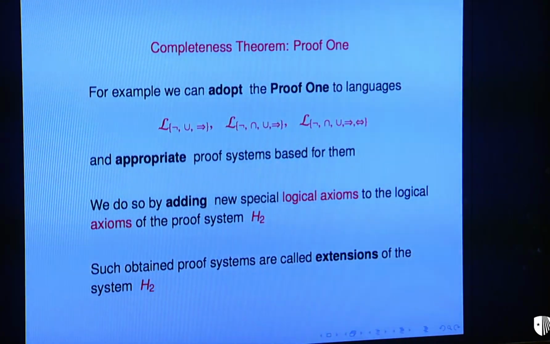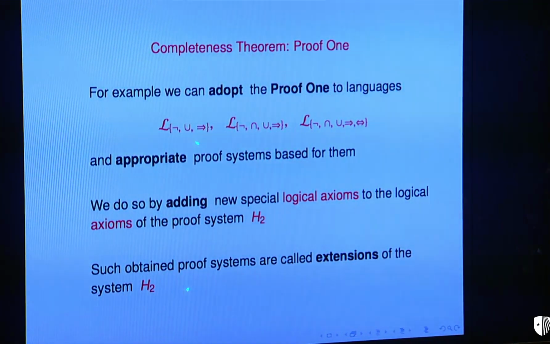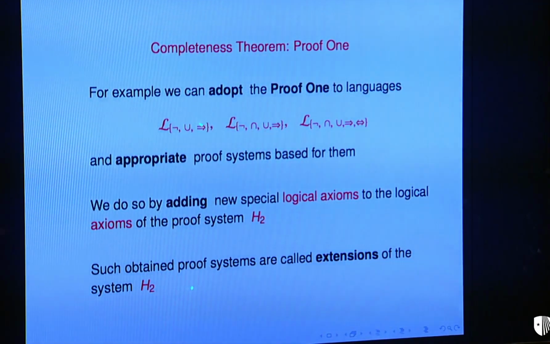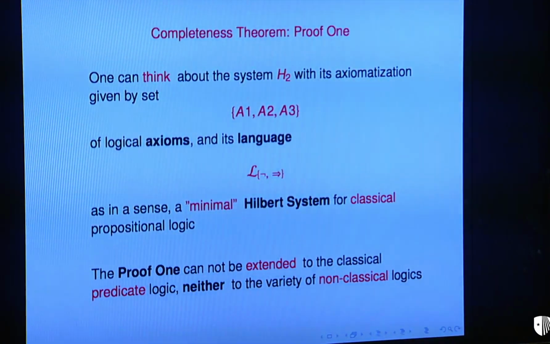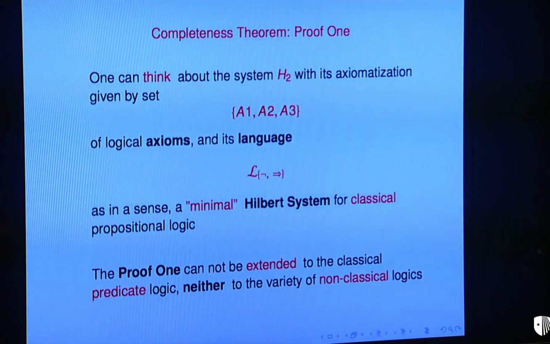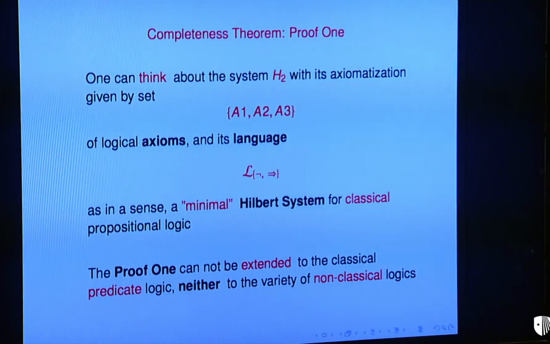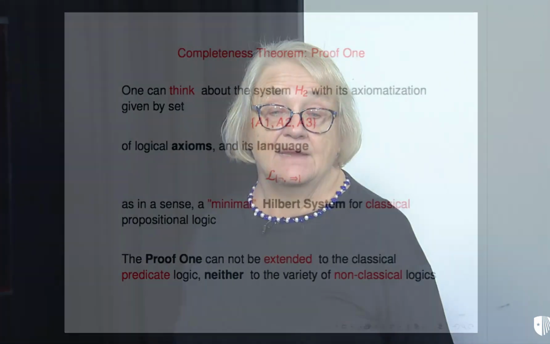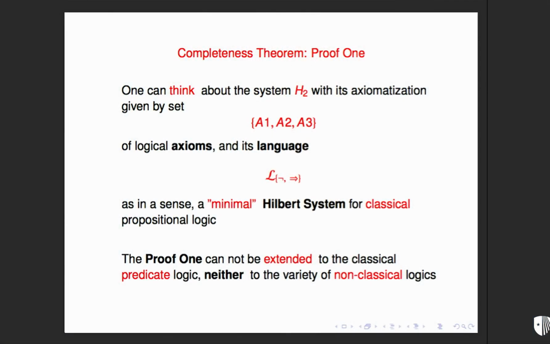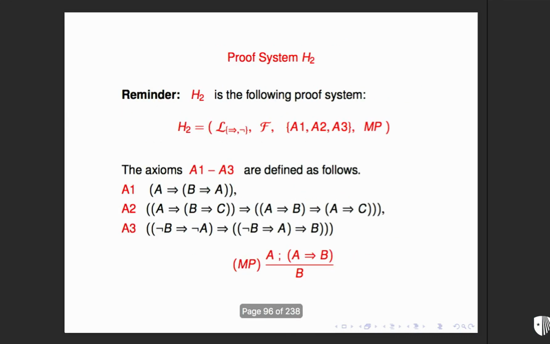And then we prove whatever more, because we need more information about those new logical connectives. So one can think about system H2 as a sort of minimal Hilbert proof system for classical propositional logic. Minimal in 2 because I will show you that you can have only one connective. And proof 1 cannot be extended to classical predicate logic, nor to a variety of non-classical logics.